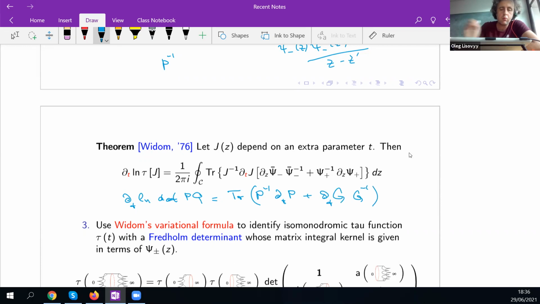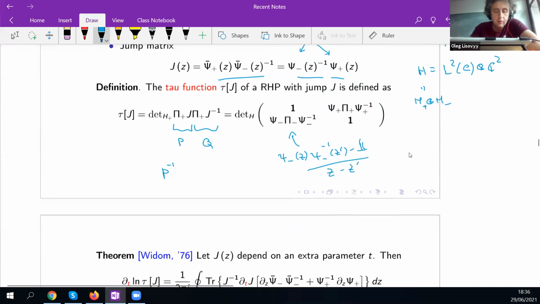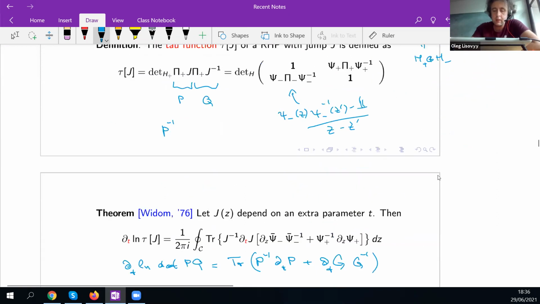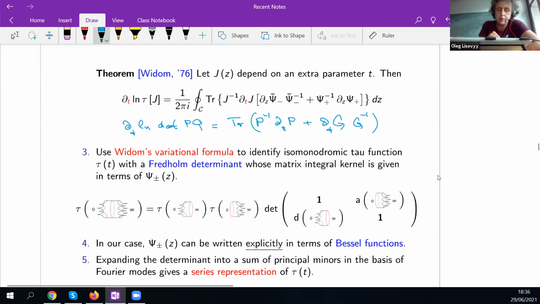And since we know P and the inverses of P and Q in terms of these factorizations, we can end up with this contour integral representation for the derivatives. And this is valid for an arbitrary jump matrix.